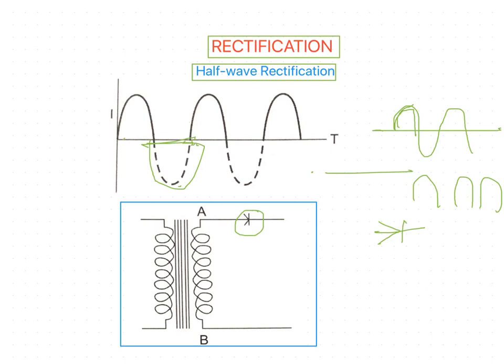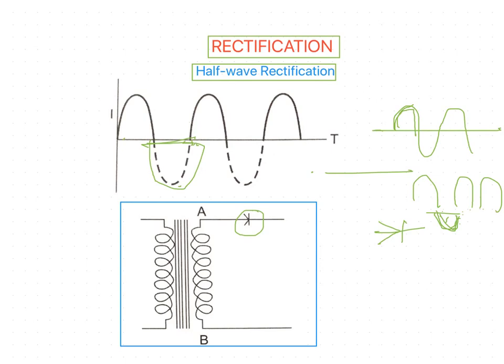It is pulsating and also interrupted, because the reverse flow is interrupted. Such a resulting current, unidirectional, pulsating and interrupted, is obtained by a process called half wave rectification.